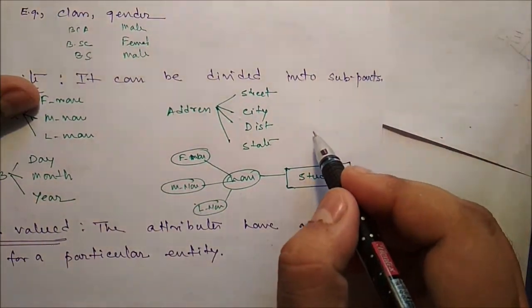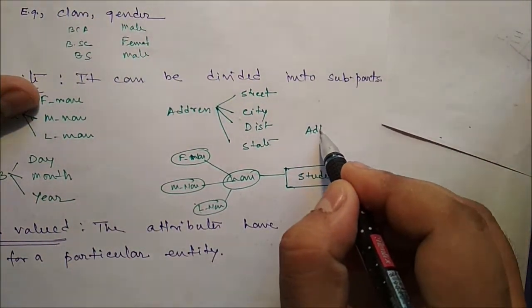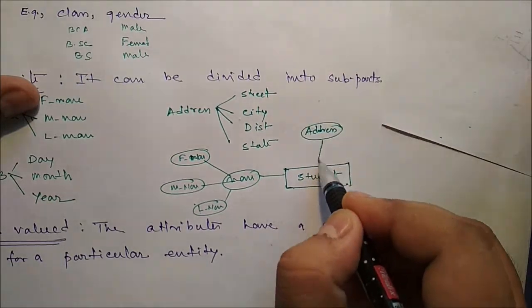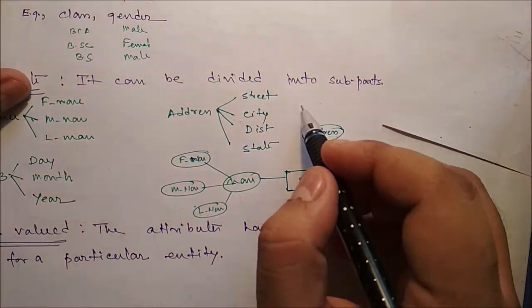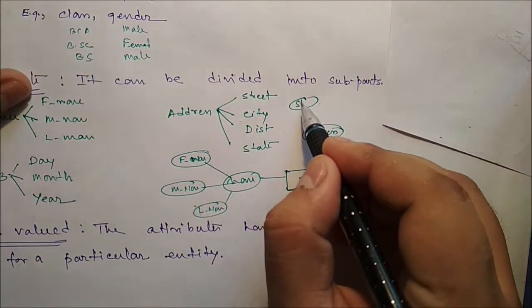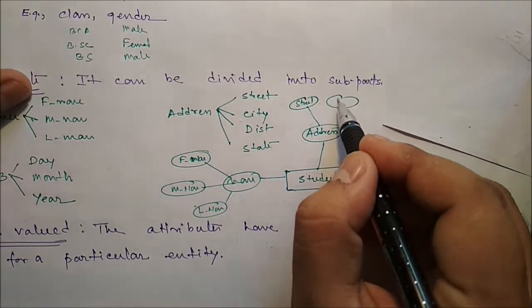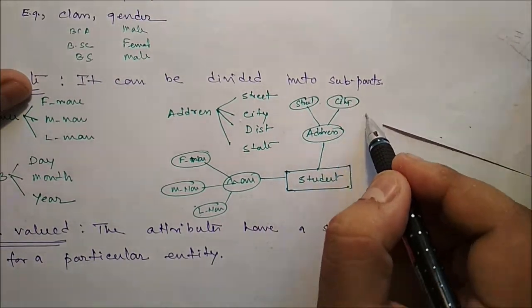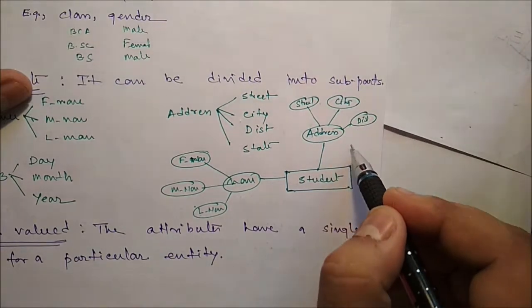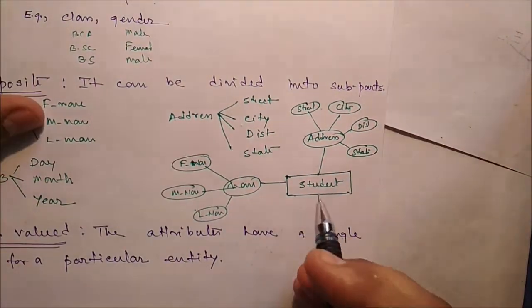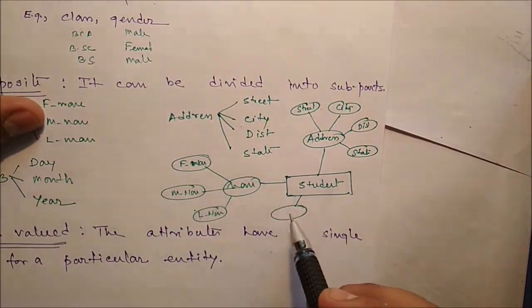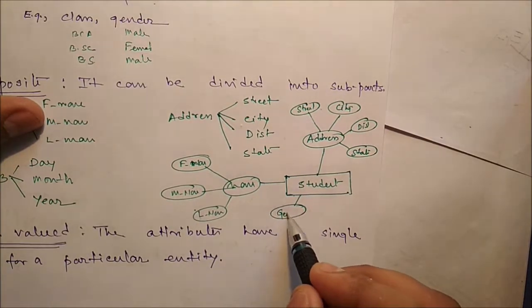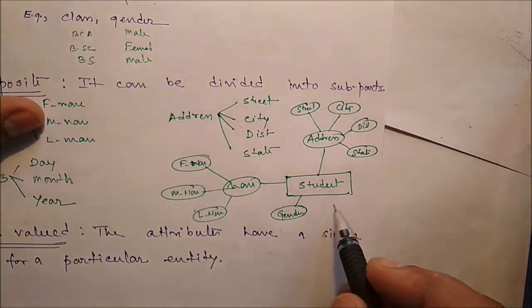Similarly, address is a composite attribute, so here you write street, city, district, state. But gender is a simple attribute, so there is no need to break it.